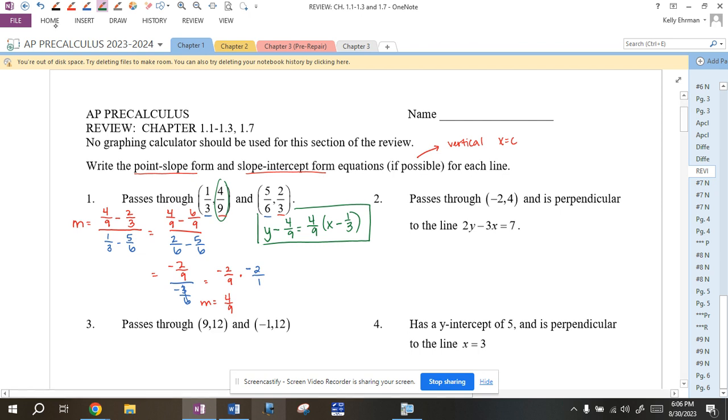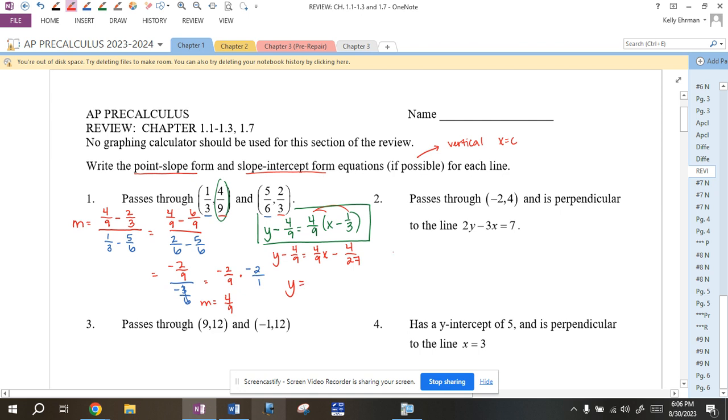That's finished. If I want to get slope intercept form, this will be a little bit of a chore, but we take point slope form and start solving for y. So I would distribute 4/9 through. So y minus 4/9 equals 4/9 x minus, this becomes 4/27.